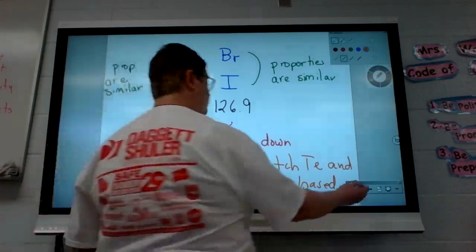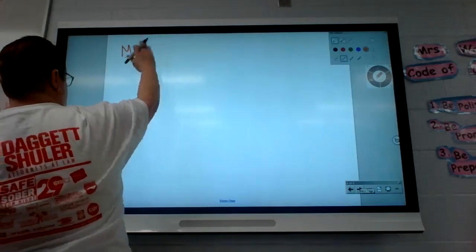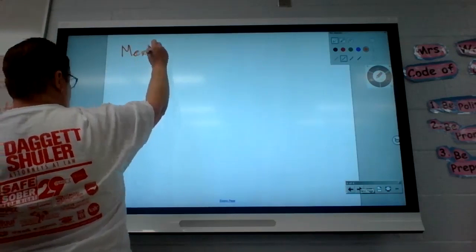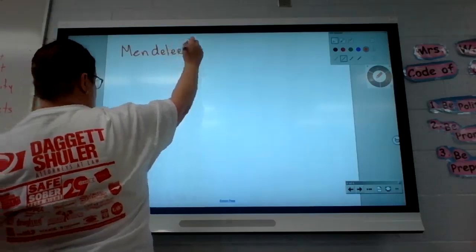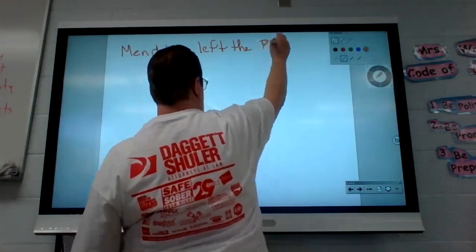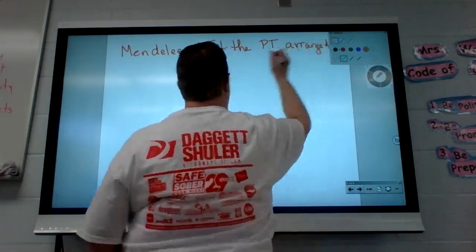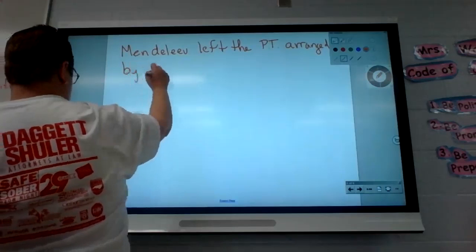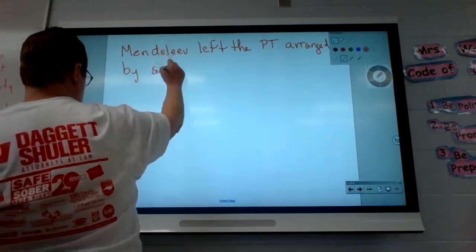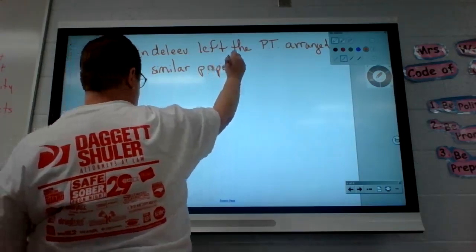So, Mendeleev left the periodic table arranged by similar properties.